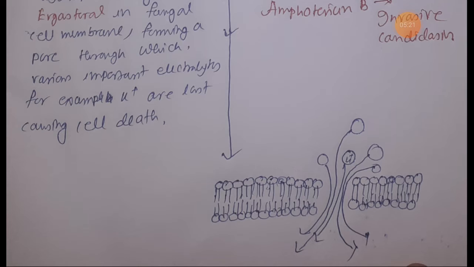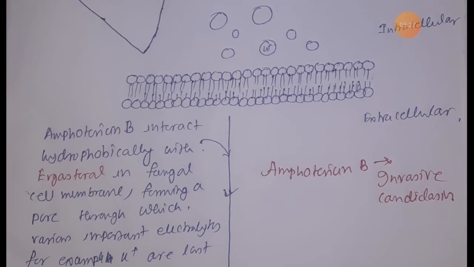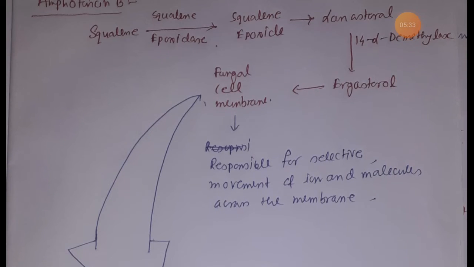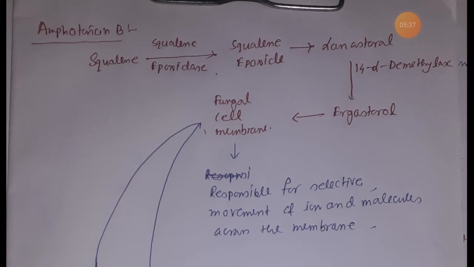As a result it facilitates cell death. As the fungal cells die, the infection will also be removed from our body, right? So that is the idea of Amphotericin B.